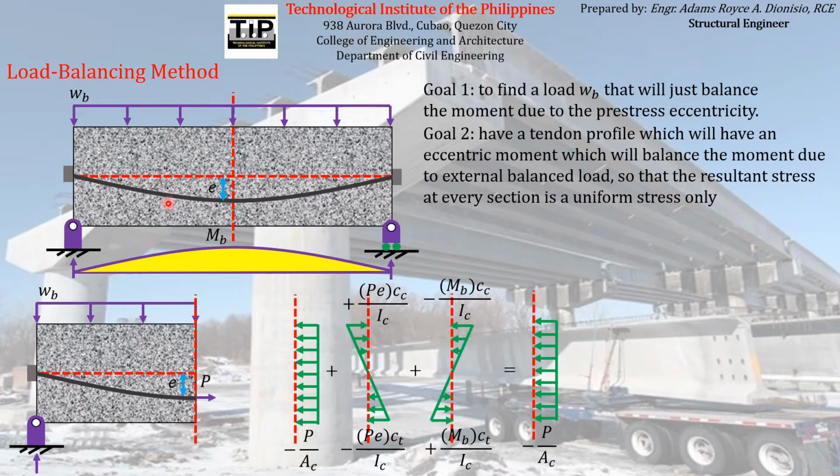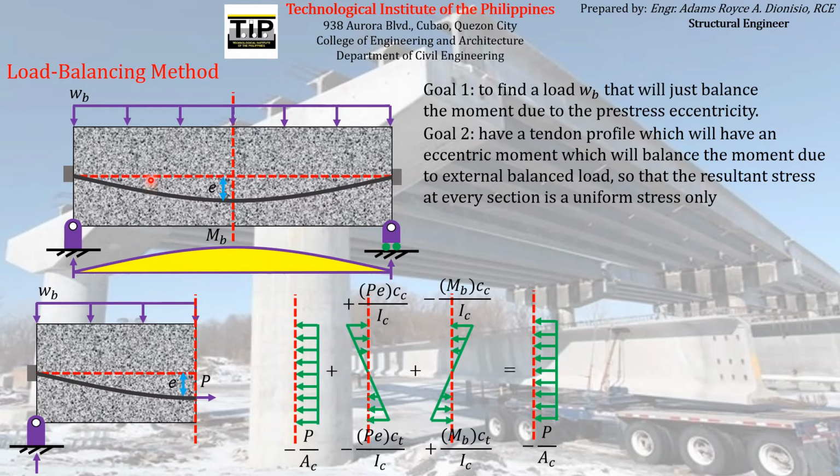So this is how we can achieve our goal, which is to have a uniform stress at every section of the concrete element by applying a balance load. So with that, we can now make sure that the eccentric moment, say for example, at this particular section, will just be equal to the bending moment acting at that same particular section due to the balance load.